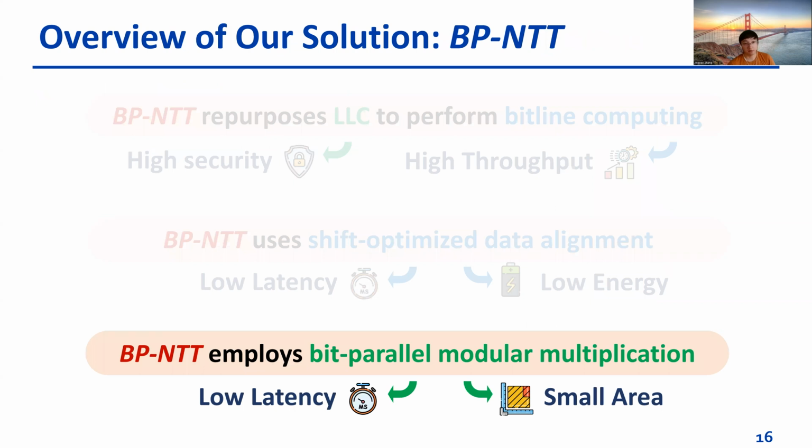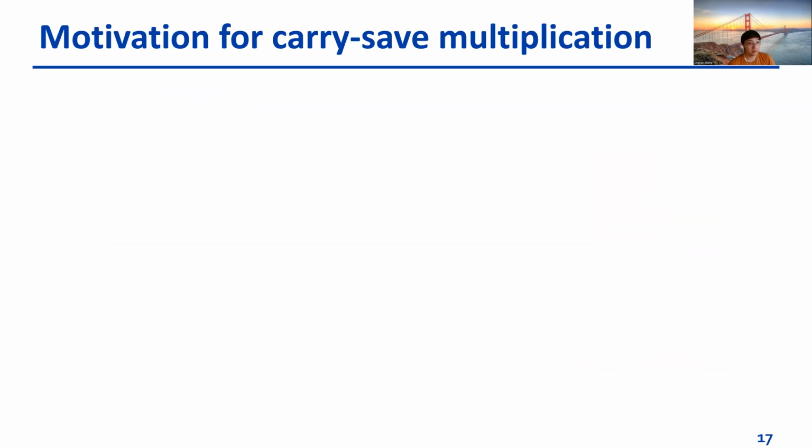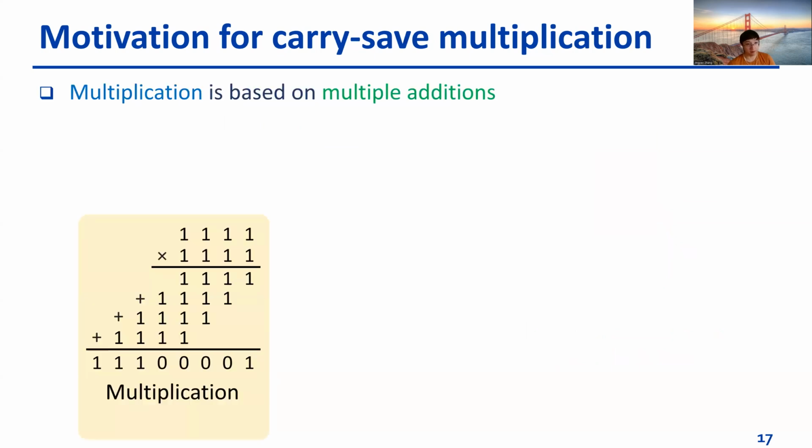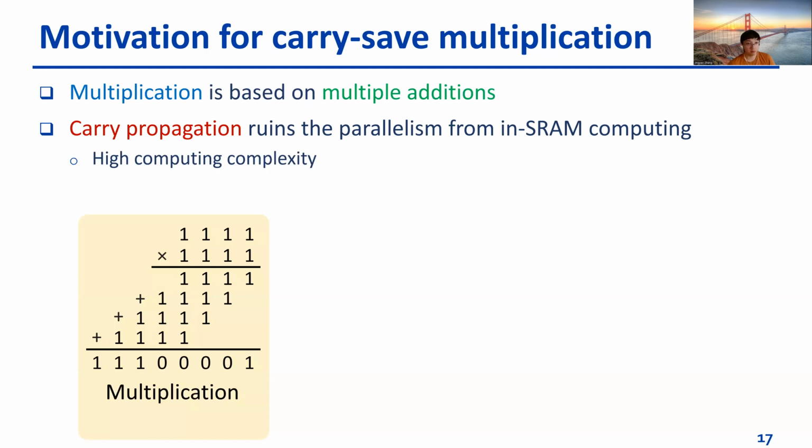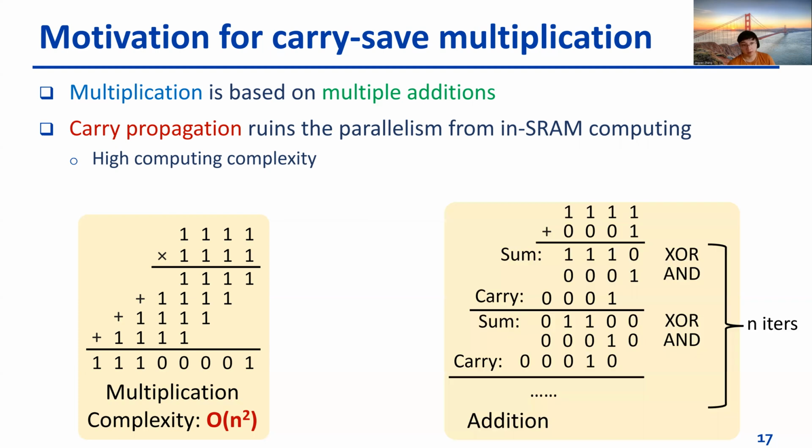Next, let's focus on bit-parallel modular multiplication. Traditionally, compute-in-memory is not good at bit-parallel multiplication since carry propagation ruins the parallelism. For example, carry propagation-based multiplication has n-squared computing complexity, while carry propagation-based addition has n computing complexity.